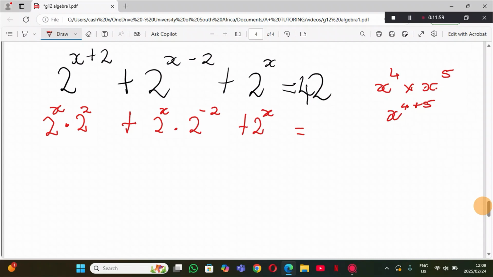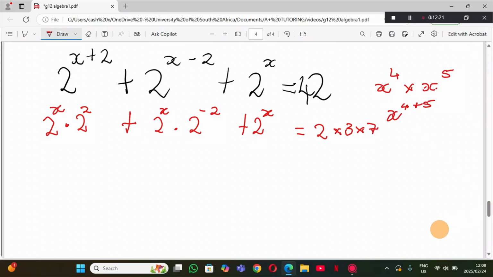Let me also change 42 into its factors. What are the factors of 42? 42 will be 2 times 3 times 7, according to my calculator.